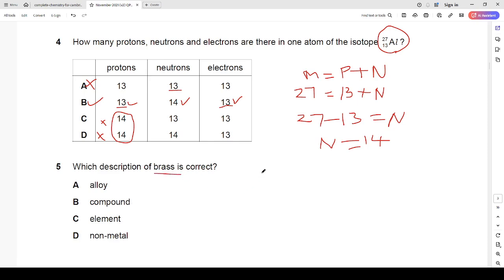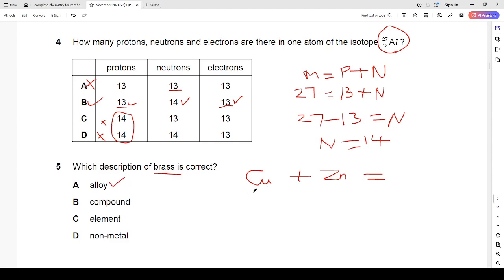Brass is a mixture of copper and zinc. When we mix metals together in certain proportion to produce an improved metal, that is what alloy is all about. Alloy. Therefore, the correct option here is A.